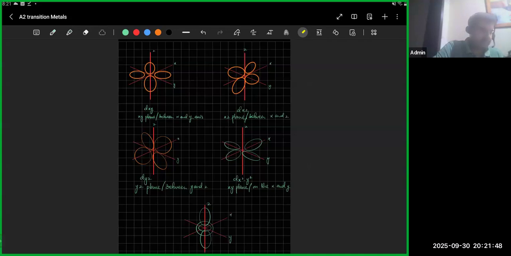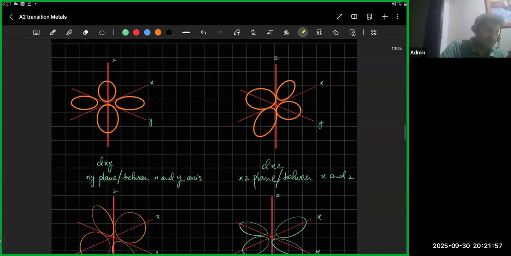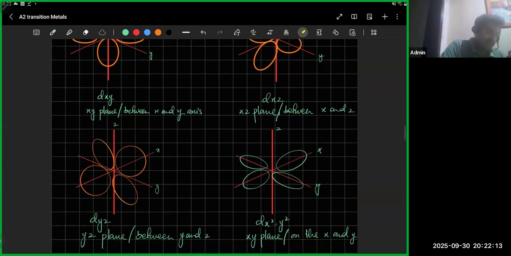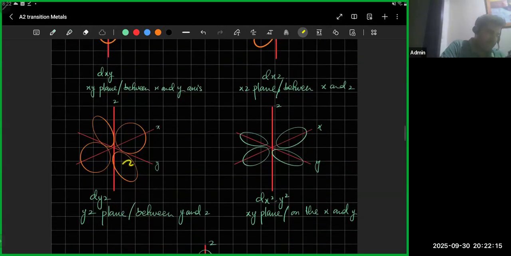So if you have this, this is your d-subshell, right? You've got dxy, dxz, dyz, dx square minus y square, and the 5th one is dz square. Now, in dxy and dxz, the electron density lies between the axes, right? It's not on the axis. It's between the x and y axis. It's between the x and z axis. In the dyz, it's between the y and z axis, right? So the electron density in the first 3 is between the axes.